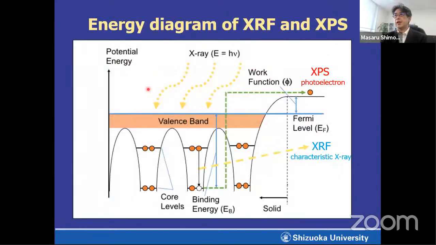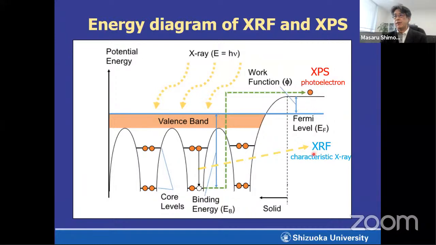This is the energy diagram of XRF and XPS, showing the core level electrons. If the sample is irradiated with high energy X-rays, a photoelectron is emitted from the solid, and this photoelectron can be detected by XPS.